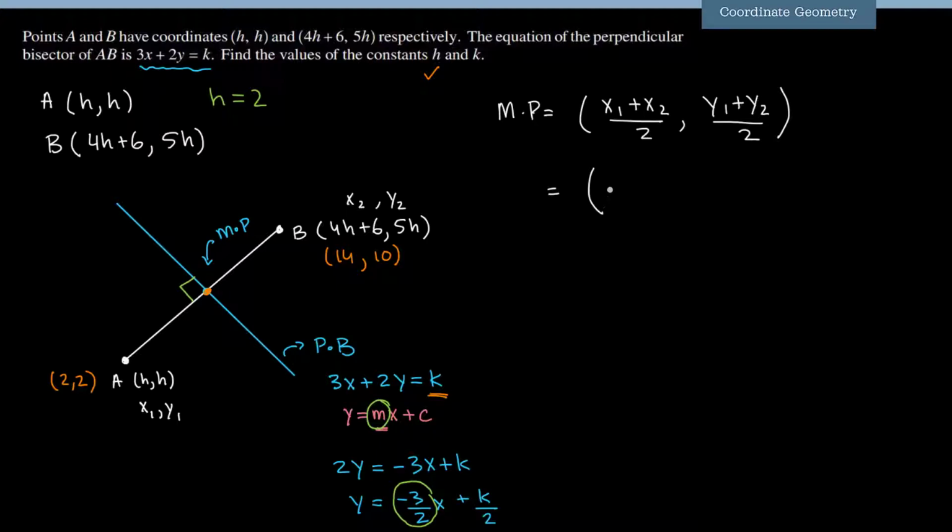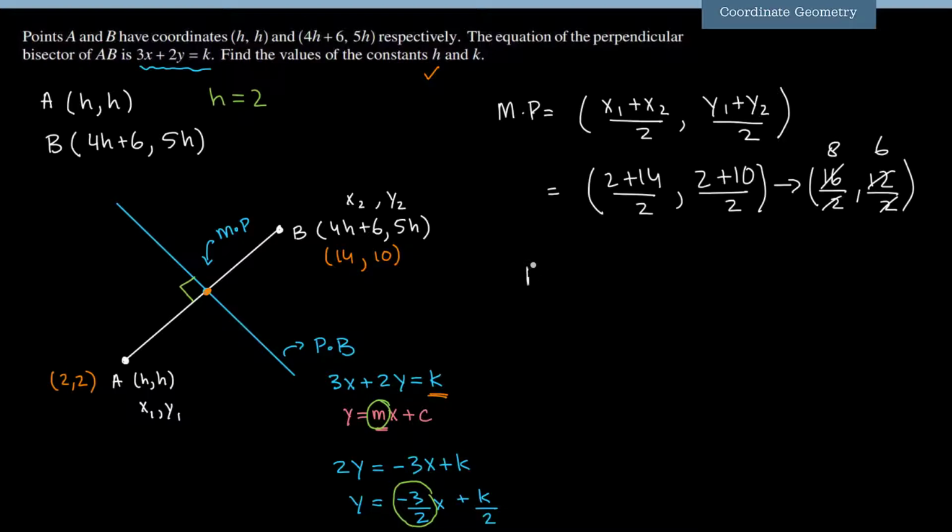So this would be ((2 + 14)/2, (2 + 10)/2). This would give me (16/2, 12/2). 16/2 is 8 and 12/2 is 6. So the midpoint is (8, 6).